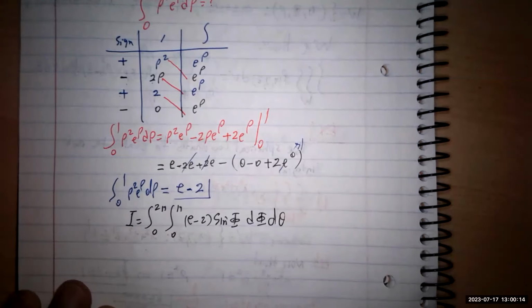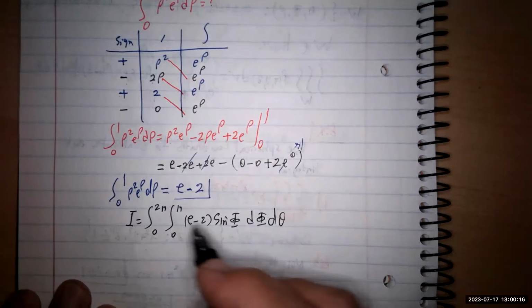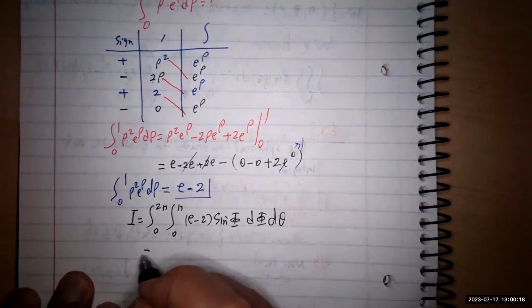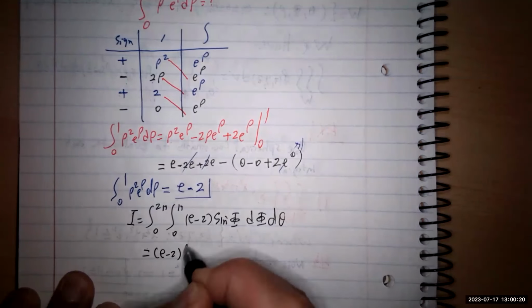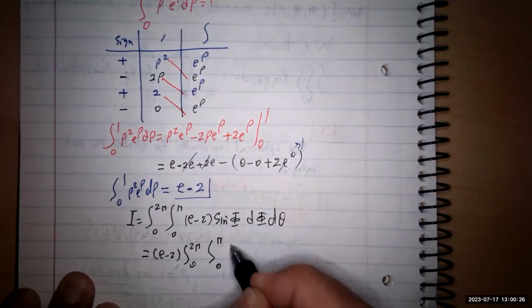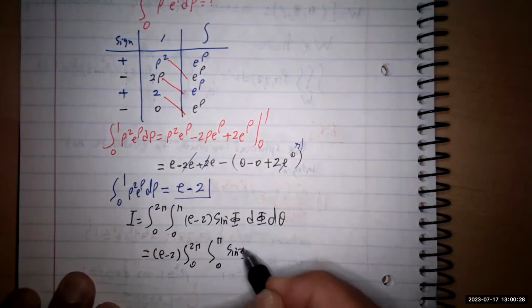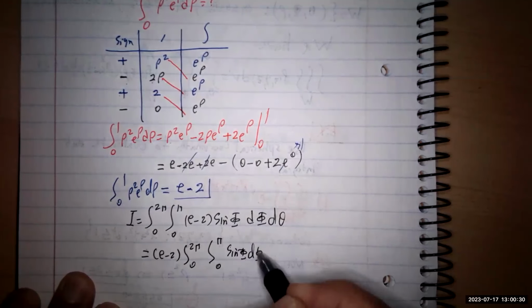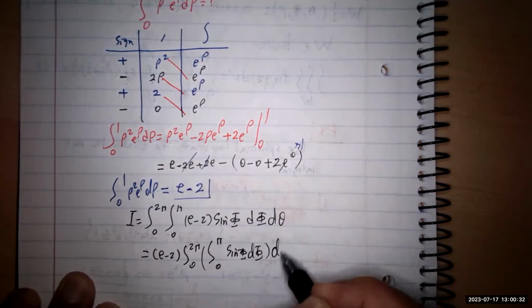You continue here. Okay, you can put that e minus 2 out, that gives you 0 to 2 pi. Okay, then you find the integral from 0 to pi of the sine of the phi, d phi first, and then you come back, you d theta.